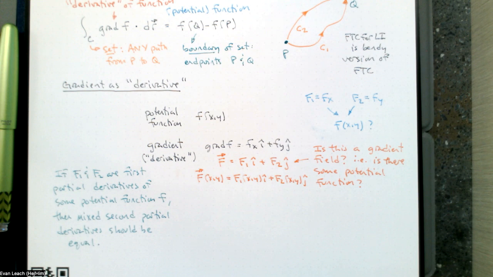So if we imagine starting with a vector field f, and we want to know if it's a gradient field, one way to find that out is to look at the mixed partial derivatives of our functions f1 and f2.